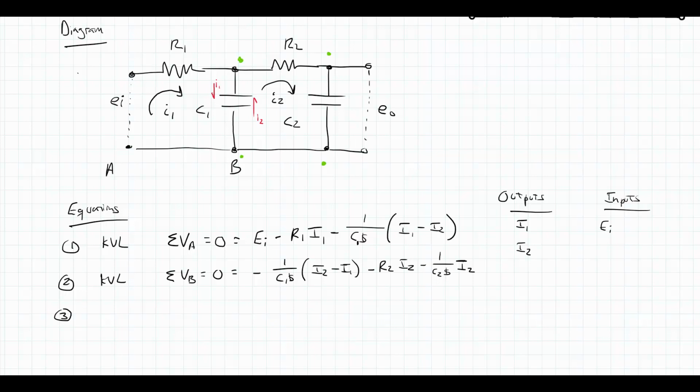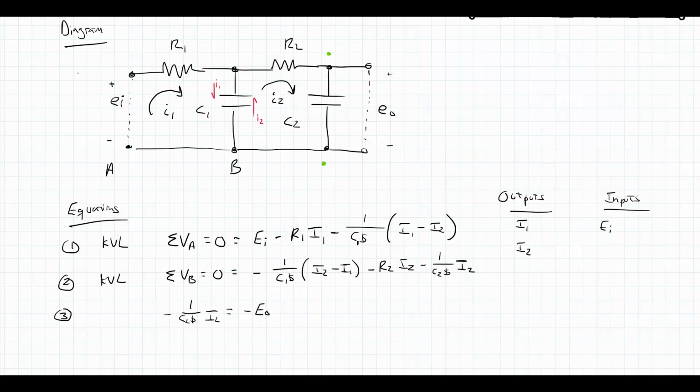All right, so the last thing I need is something with E out in it. So what I can do is go from the top right to the bottom right across C2, because what I can say is that minus 1 over C2s times I2 is equal to going across E out. There's kind of this implied direction of these source voltages or output voltages here.